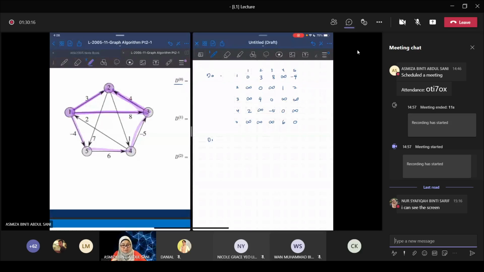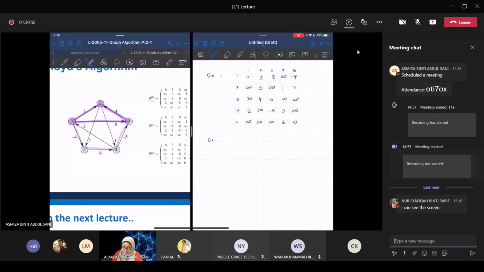So by applying the Floyd-Warshall algorithm, which uses all these matrices, we find the shortest path for all the pairs by looking at all the possible costs or weights for all the possible paths. So that is basically what we're going to do.